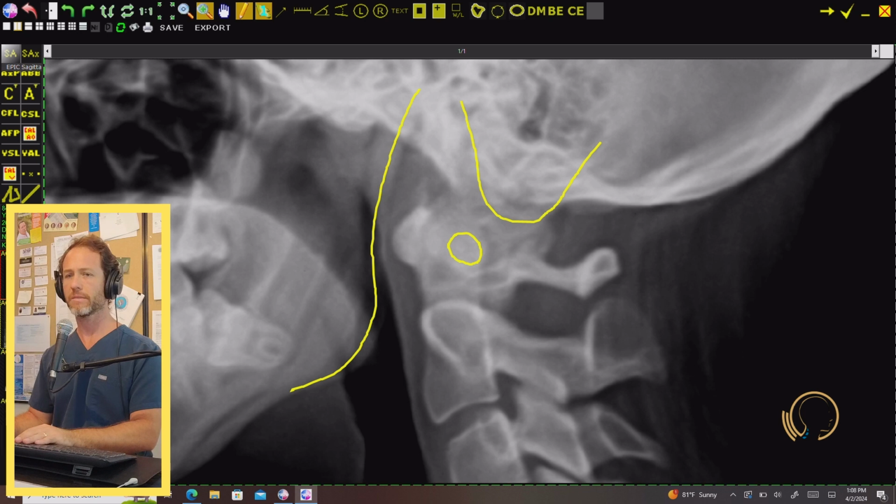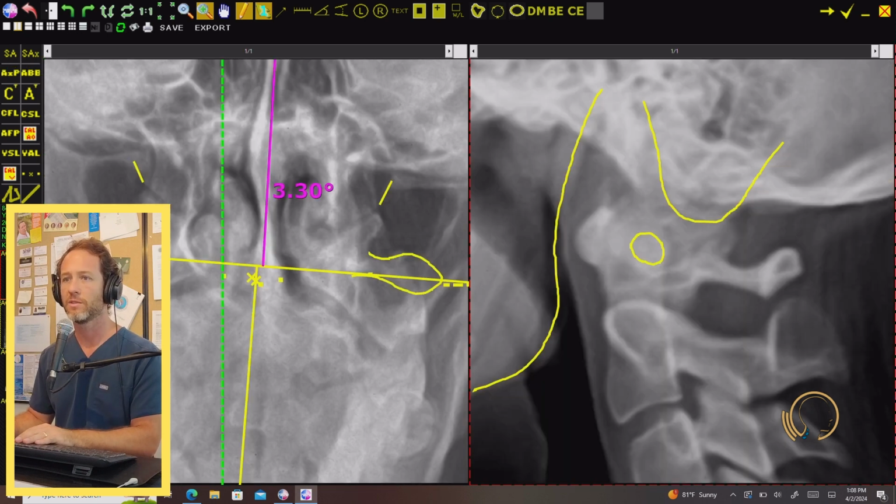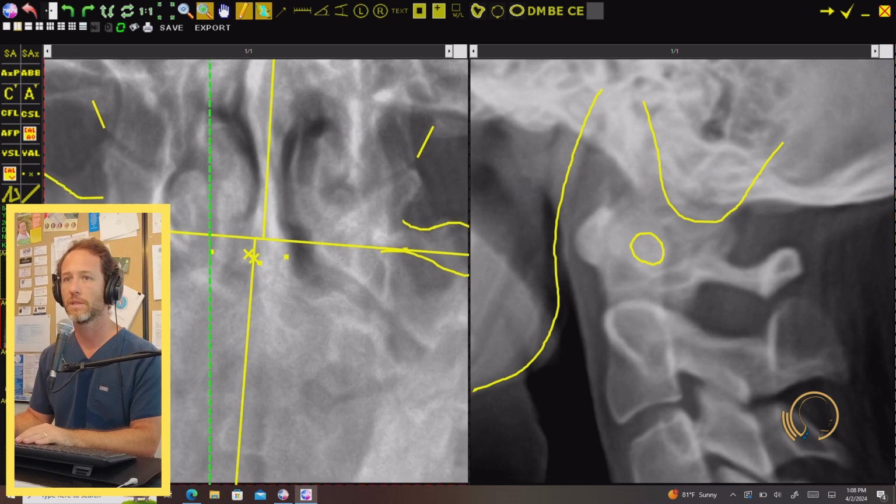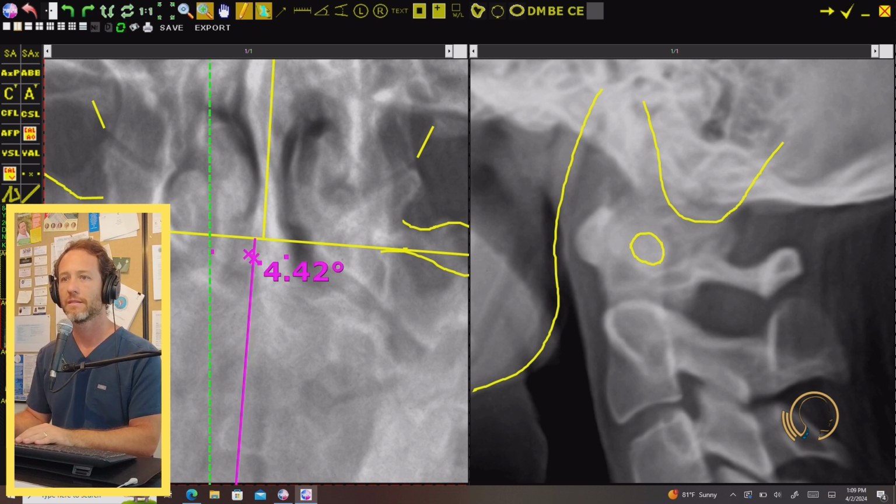Well, it's not always easy to identify the C2 spinous process on a frontal film. You've got the posterior arch here captured by that AFP line. You can see that, right? We can see the lateral masses of the atlas. You can make all that out, but it gets a little fuzzy, right? We start getting around that dens. You see these, what's going on? It can get a little hard, right?